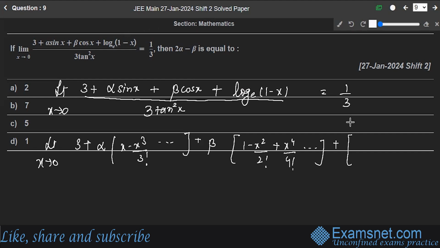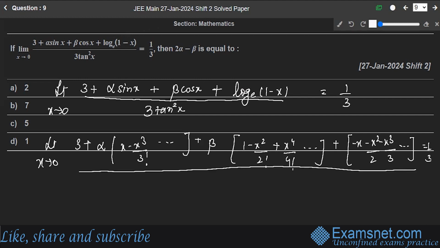So like 1 will be subtracted. It will be minus x power 2 by 2, minus x power 3 by 3, and so on. This is equal to 1 by 3. This whole is divided by 3 tangent square x. Okay.